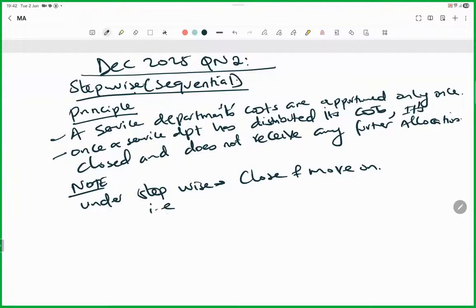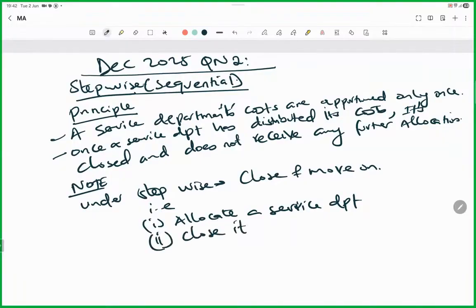I.e., number one, allocate a service department. Number two, you close it. Number three, you move on to the next one. It looks complicated, but this is really the easiest.